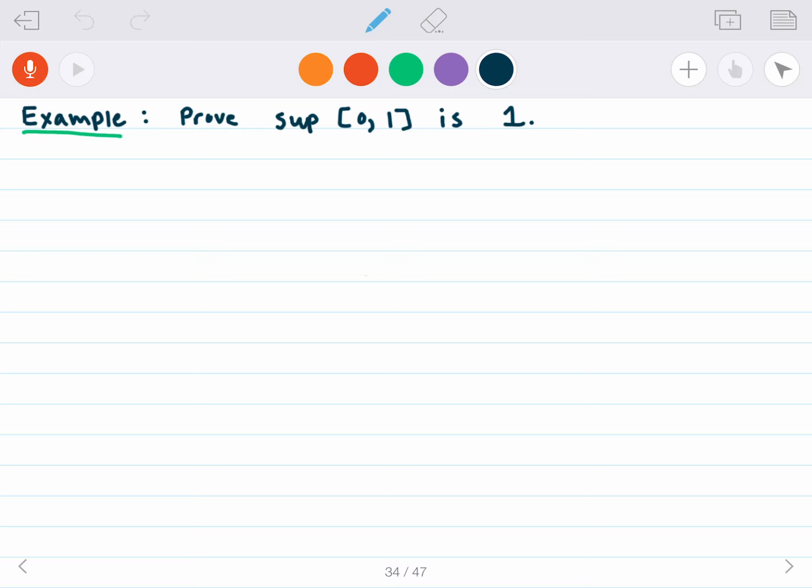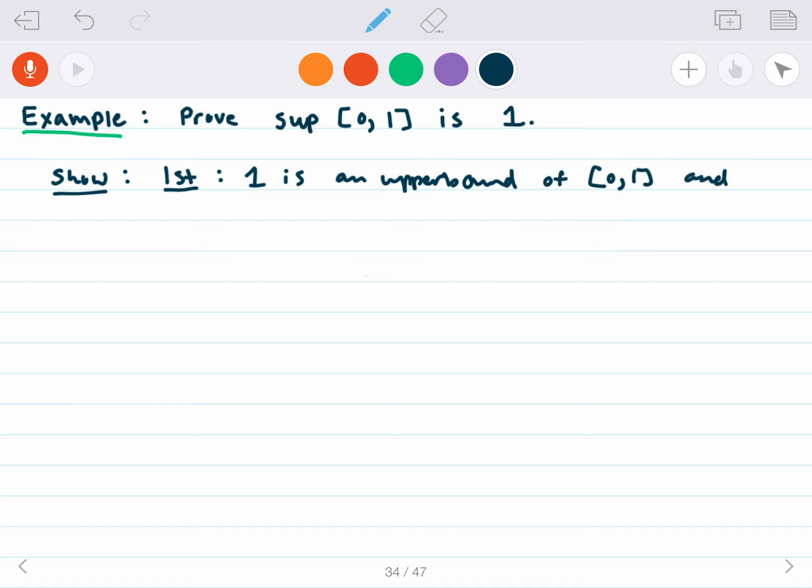So, for example, we have the closed interval from 0 to 1. We want to claim that the supremum is 1. So we want to show two things. We want to show first that 1 is an upper bound of [0, 1].